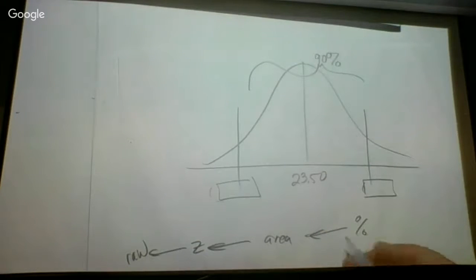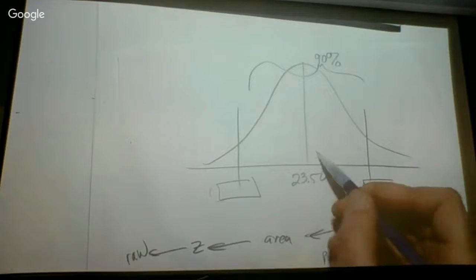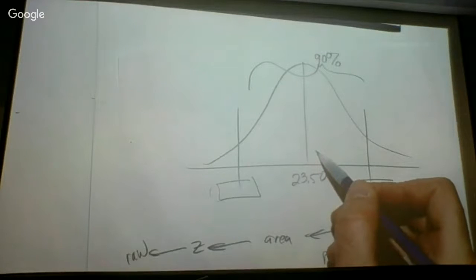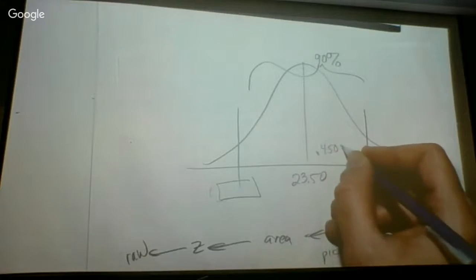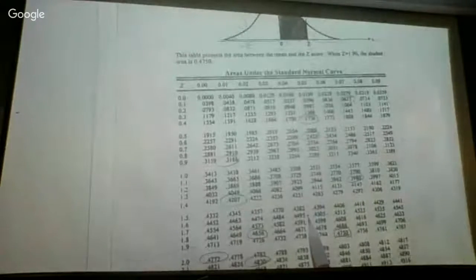I've got to use my picture to get from a percent to an area. What area do I put here? I like these four digits, so I can look it up in here. But I cannot find 0.4500 in here, so I've got to choose one of those.